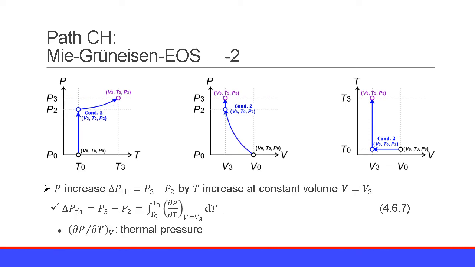Then we increase the temperature from T0 to T3. Then the pressure increases from P2 to P3. This pressure increase is expressed using delta P_TH, where TH means thermal, and delta P_TH is P3 minus P2.